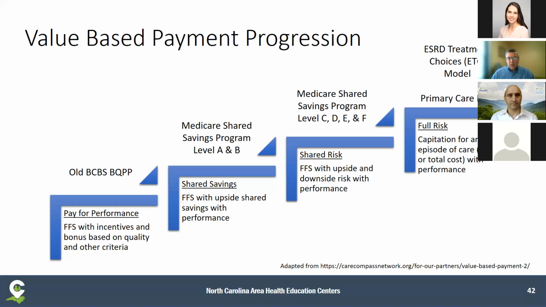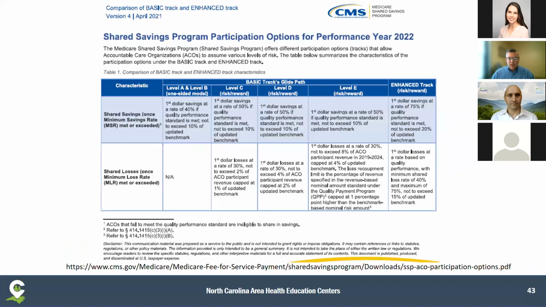The next slide is very busy. It is a publication from Medicare, which shows the different types of shared savings programs. Again, a similar idea in terms of the progression from no risk to high risk and complete risk.